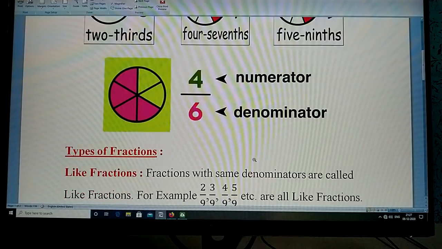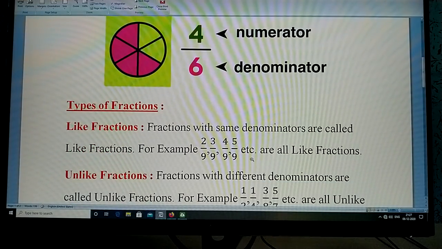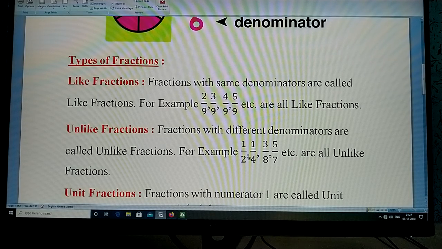Now next, let us see what are the different types of fractions. There are many types of fractions. The first one is like fractions. Fractions with the same denominators are called like fractions. For example, 2 by 9, 3 by 9, 4 by 9, 5 by 9, etc. are all like fractions.